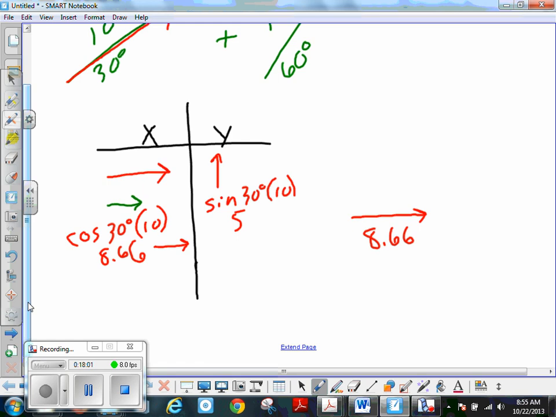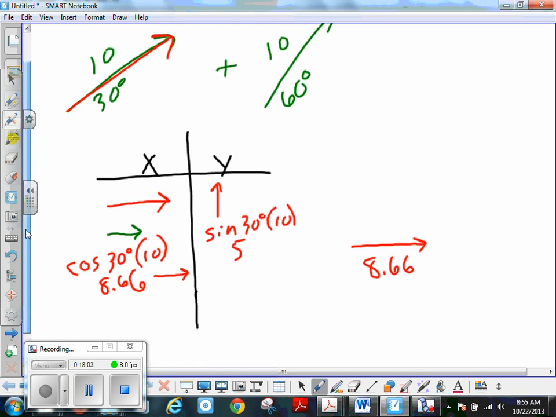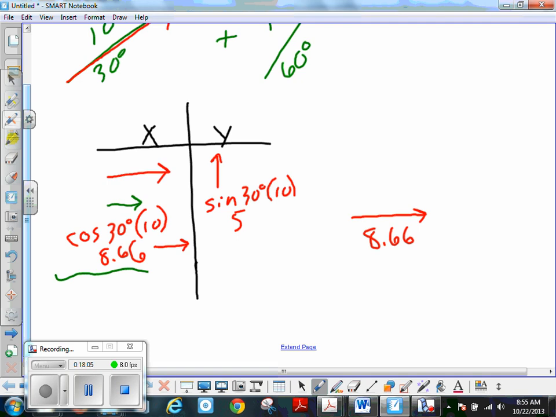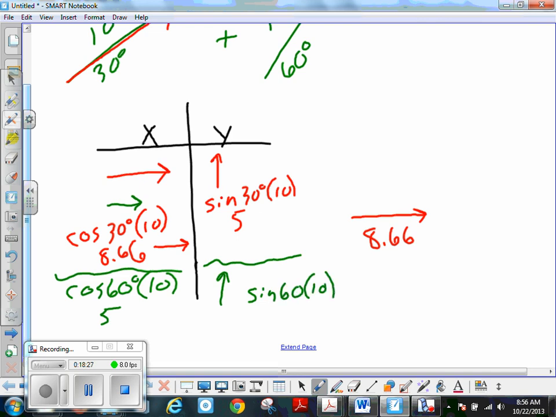If I look at the x part of the green one, I'm going to have to do cosine of 60 times 10, and that's going to equal 5. And the y of the green one is going to be sine of 60 times 10, and that's going to equal 8.66.